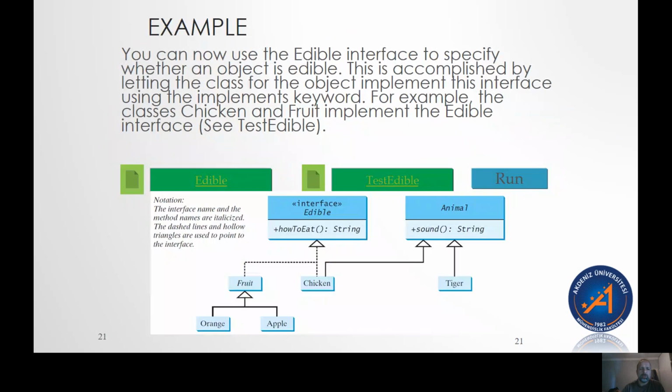Right. Let's look at a specific example. We have an edible interface that's going to say, for each of these, we're going to eat it somehow. Because if it's edible, we can eat it. And then we also have this abstract class called animal.